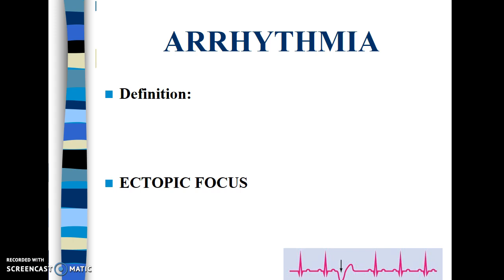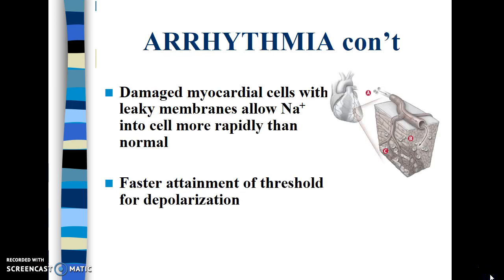They rely on the cells to stimulate the next, neighboring cell. So if we have the stimulation originating from one of these ectopic focus areas, it's going to stimulate its neighbors to depolarize and contract. That is not a normal rhythm, and in some cases it can be life-threatening, so we want to make sure that we take care of it.